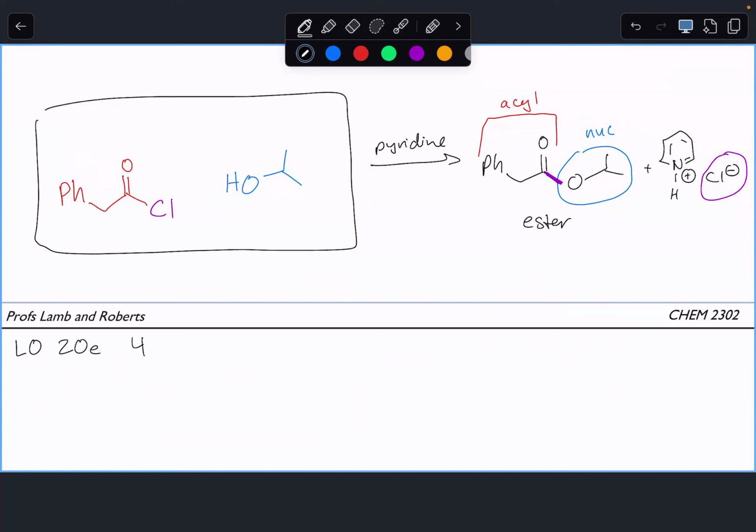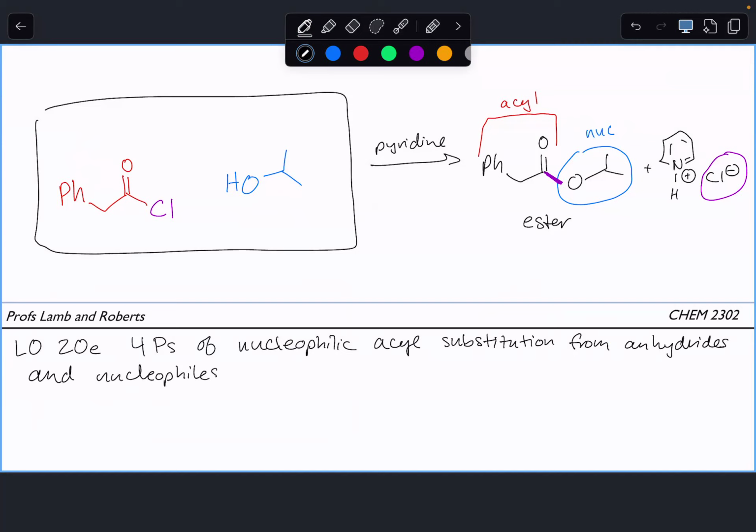So same type of learning objective, 4 Ps of nucleophilic acyl substitution from anhydrides and nucleophiles under basic and acidic conditions, which is 20.5.